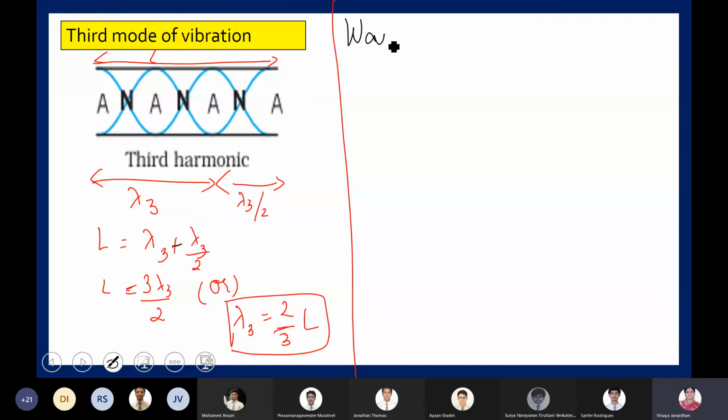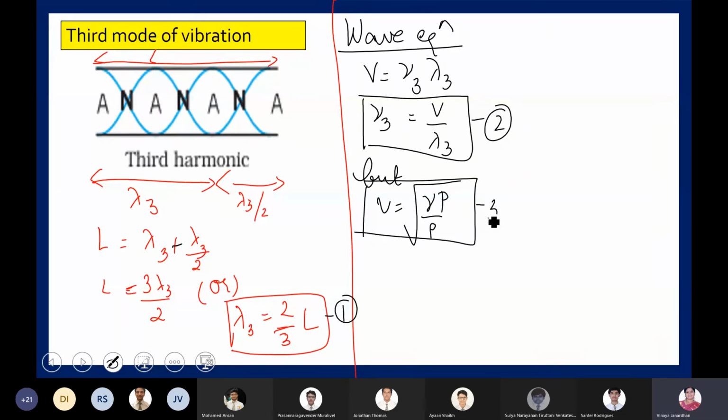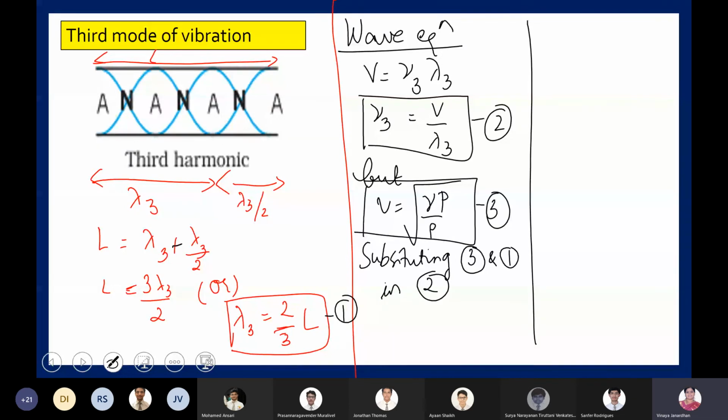What is the wave equation, boys? V is equal to nu 3 lambda 3, or nu 3 becomes V by lambda 3. I'll mark this as equation 1, and that is equation 2. But what is your velocity? V is equal to root of gamma P by rho. Substituting equation 3 and equation 1 in 2, what are you going to get?